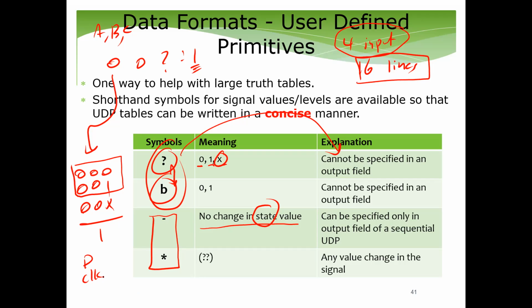You can write clock and then D, so you can write 0, 0x. So if the clock is 0, you can say that the output is no change. The output here is Q. No change means just store the value of Q. You don't need to change it.